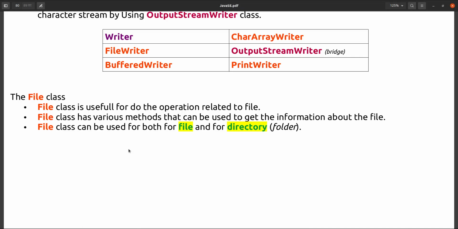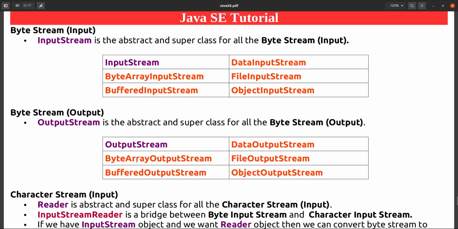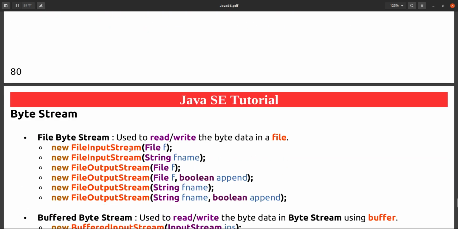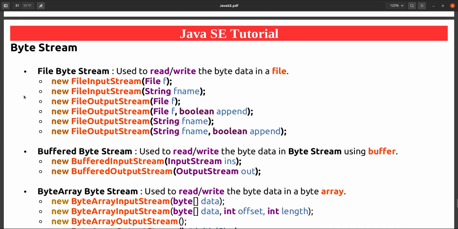After using this File class, we can create the stream, either byte stream or character stream accordingly. So first we will see byte stream, byte input stream and output stream examples.